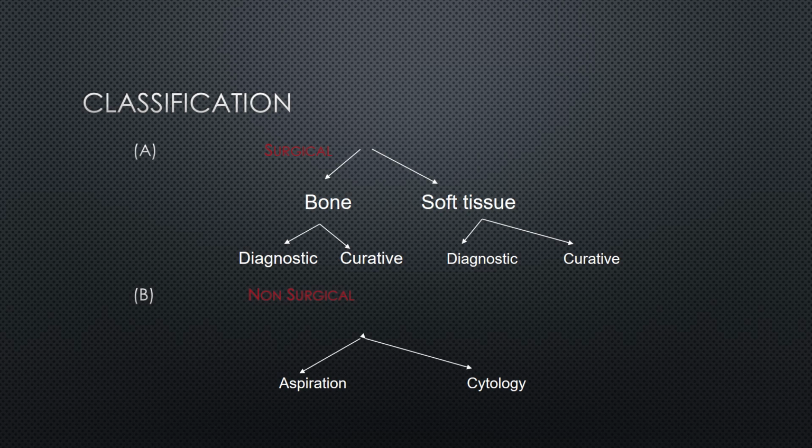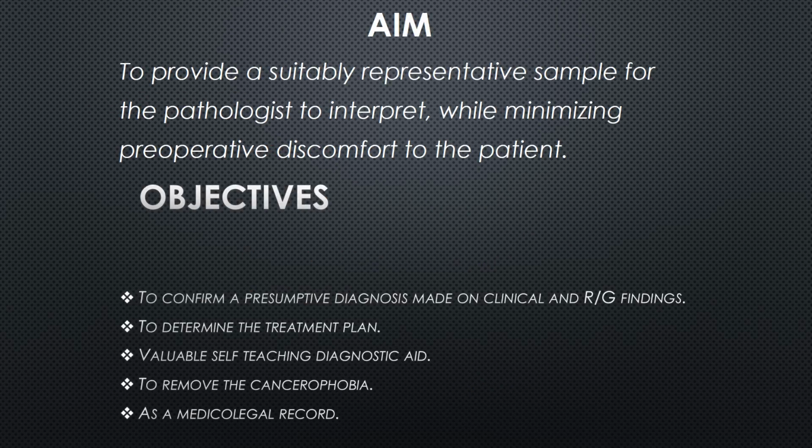In bone biopsy, it is diagnostic and curative, and the same in soft tissue, also diagnostic and curative. Then comes the non-surgical, that's the aspiration and the cytological one. In non-surgical, if I feel that there is a collection of fluid, I'll do aspiration and then send it for the histopath examination.